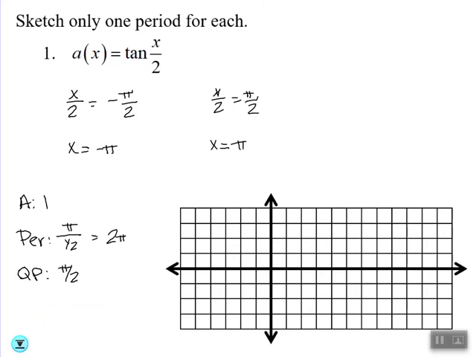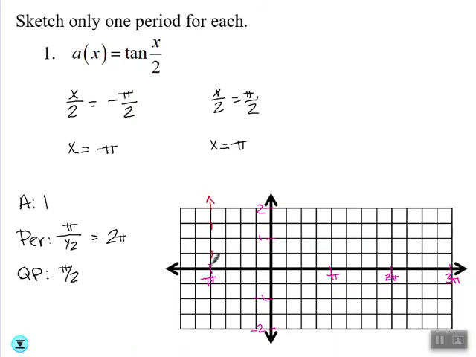So let's start by labeling our axes. Then we need to graph our asymptotes.